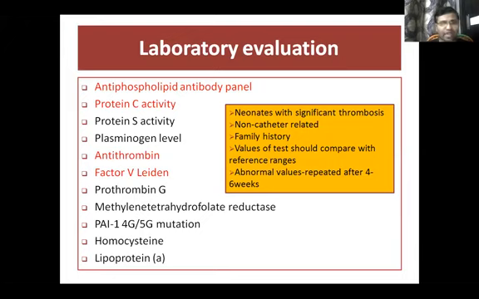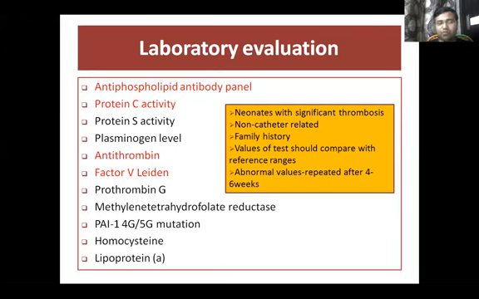Again, the laboratory evaluation continues if the neonate has significant thrombosis, early thrombosis, renal vein thrombosis, or if there are not many risk factors, like no catheter relation, or if there is a family history. Then we have to do an antiphospholipid antibody panel, protein C activity, antithrombin, factor V Leiden, homocysteine and lipoprotein.